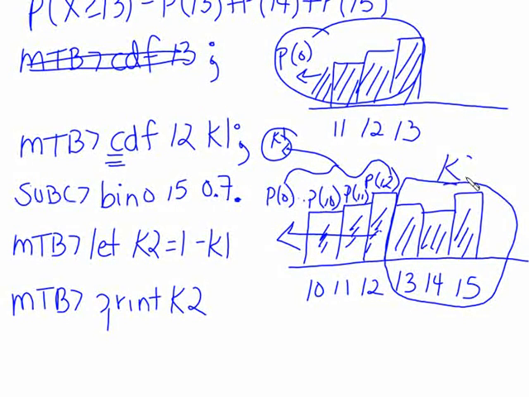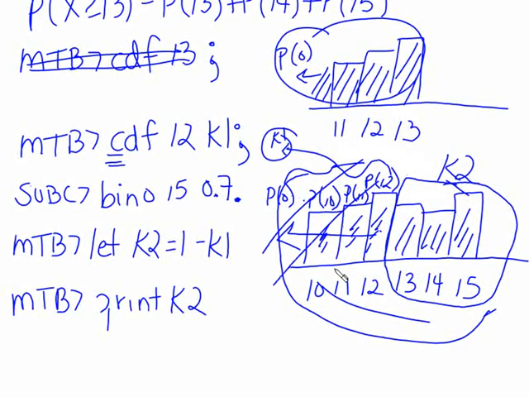Now what that would look like is we're telling it to let this region here be K2, and K2 is the entire probability to 0. So we're just going to take the whole thing, 1 minus K1, and you'll be left with K2, and you're left with your probability, which we said earlier was about 13%.